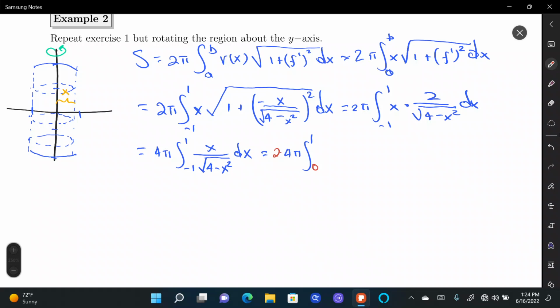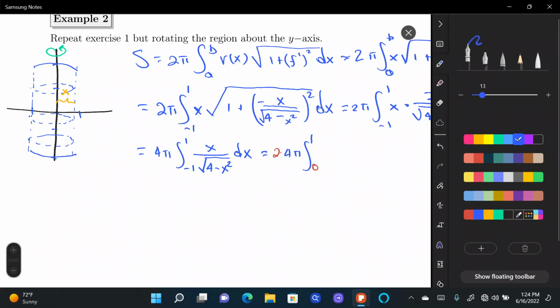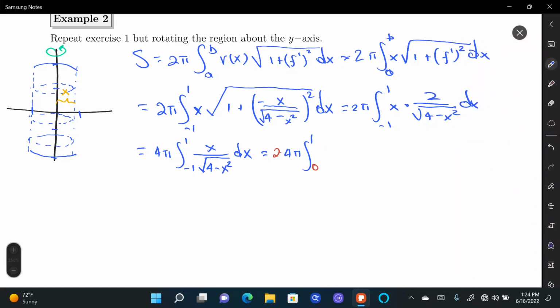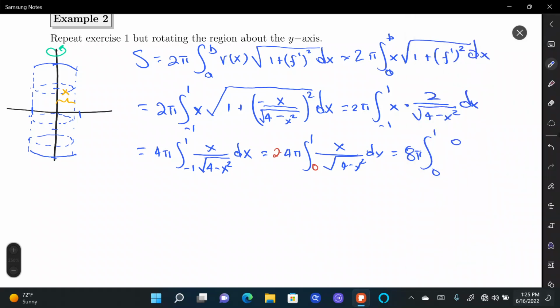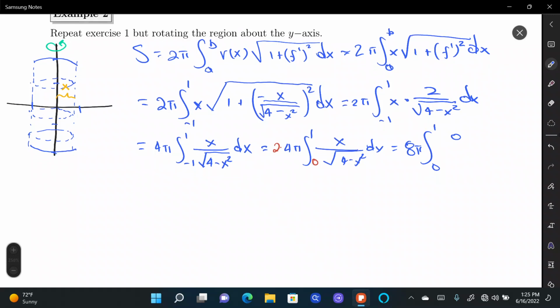So that's going to become x over the square root of 4 minus x squared dx, which equals 8 pi, and that's a dx.